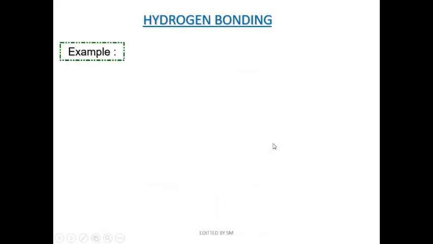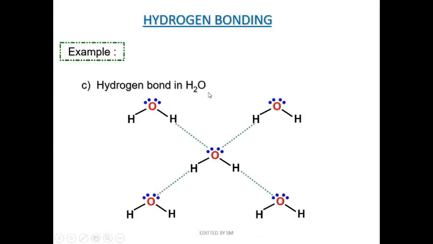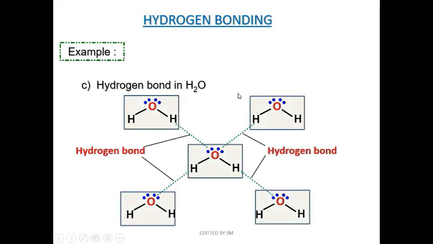Okay, next, hydrogen bond in water molecules. In the water molecule, the oxygen atom has two lone pairs of electrons. This means that each oxygen atom in the water molecule can form two hydrogen bonds.